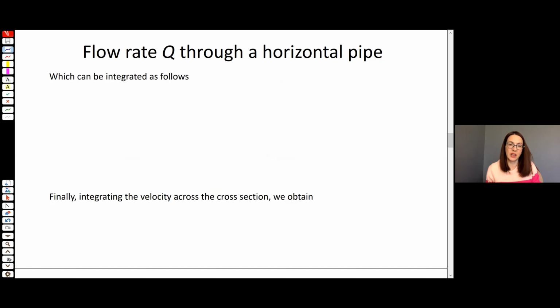So we can integrate that in the following way. du is equal to minus delta P over 2 mu L, the integral of r dr, or equivalently, u is equal to minus delta P over 4 mu L times r squared plus C, where C is a constant.